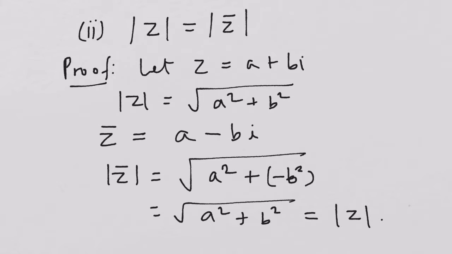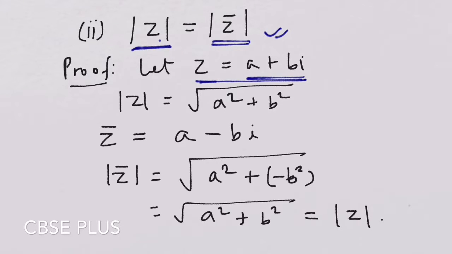Another property is that the modulus of the complex number is actually equal to the modulus of the conjugate of the complex number. Let's prove this. If z is a complex number a plus b iota, then modulus of z is under root a square plus b square from the definition of the modulus. Now to find the conjugate of the complex number, we just change the sign of the imaginary part, that is plus b becomes minus b. So the conjugate of the complex number is a minus b iota.